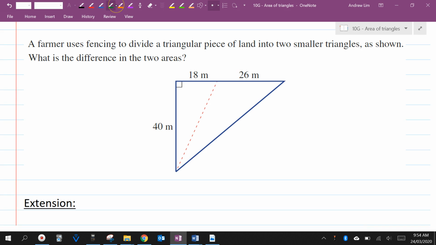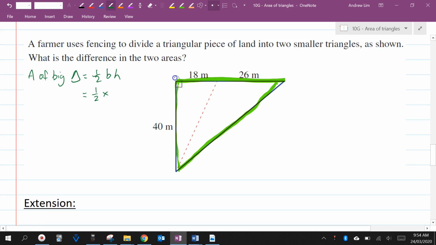Okay, so you should have had a go with this. What I would do in order to work out the difference is I need to work out the area of the big triangle, which I can do. Let's do that now. So the area of the big triangle is half times base times height.